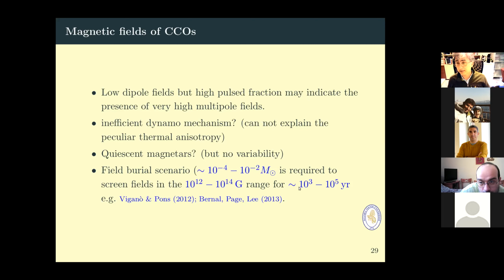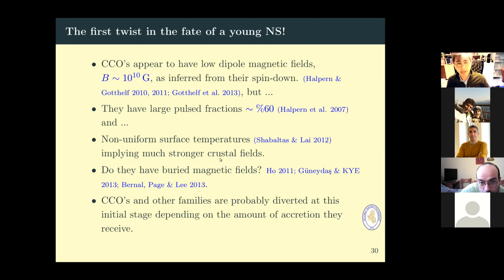It takes about 10^3 to 10^5 years for this field to re-emerge or diffuse to the surface. So these non-uniform surface temperatures indicate strong crustal fields, and they could have buried magnetic fields.